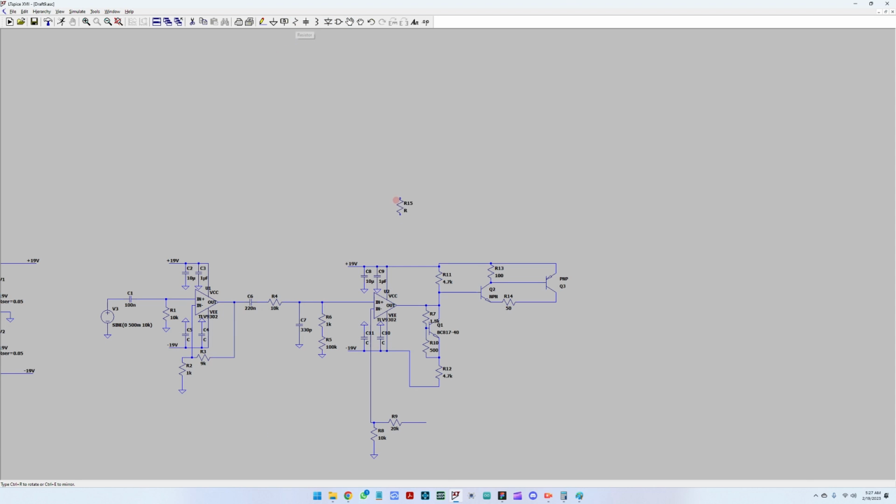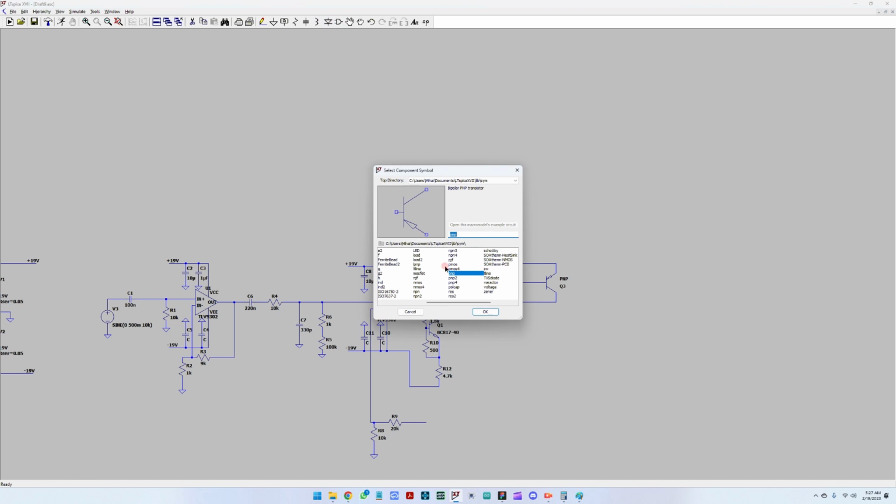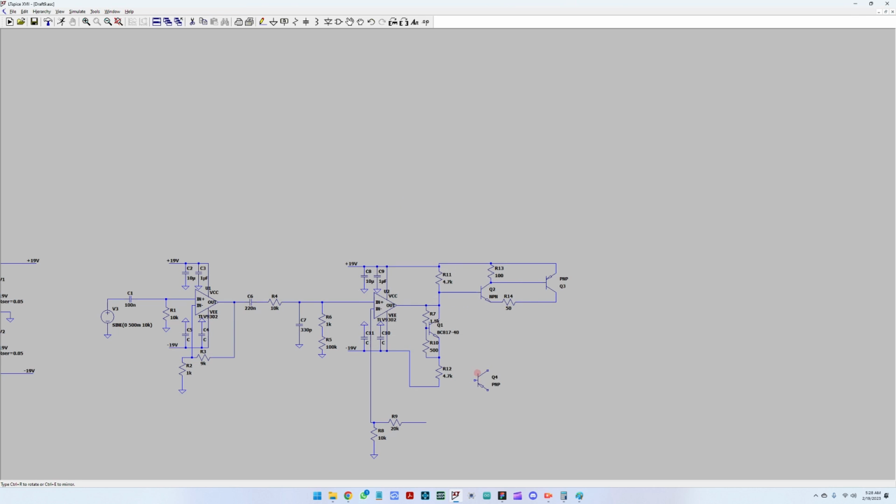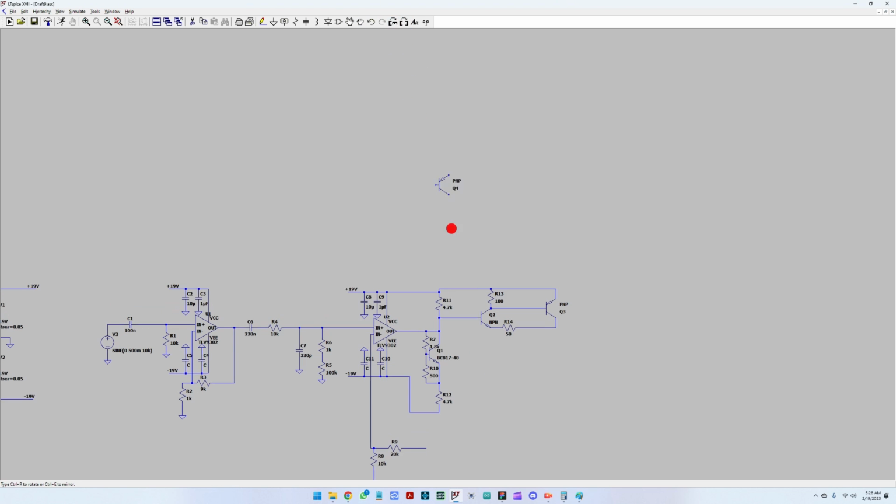Final stage is to do the same for the low side. Now here we have the opposite. We have a PNP transistor here, and let me rotate this. Okay, so we have a PNP transistor here.